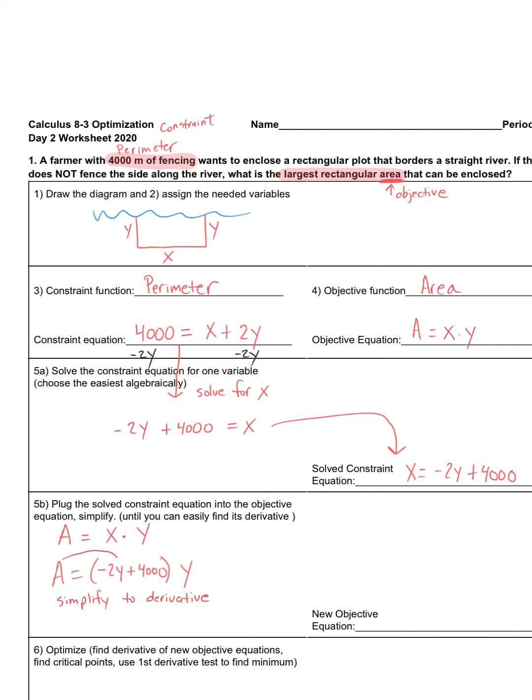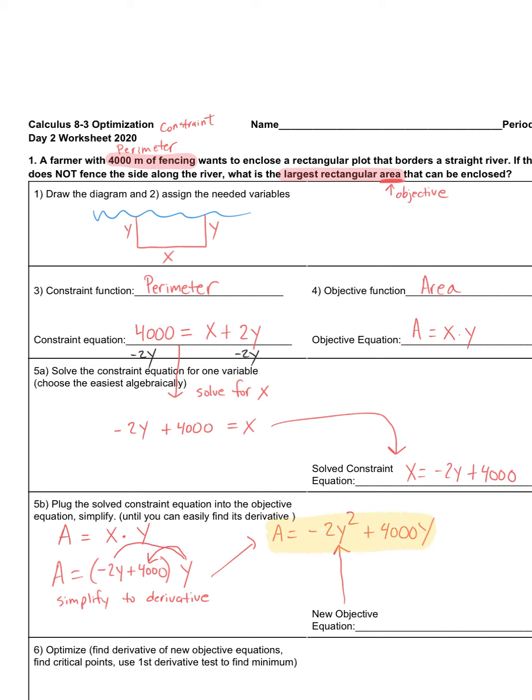I need to distribute the Y. So A is equal to, if I distribute that Y to the first term, I get negative 2Y squared. And if I distribute the Y to the second term, I get plus 4,000Y. Alrighty? So that is my new objective equation right there.